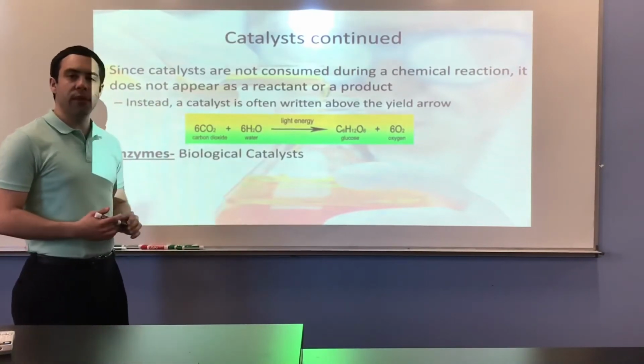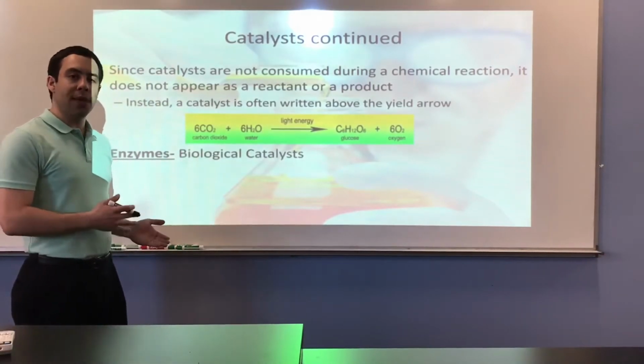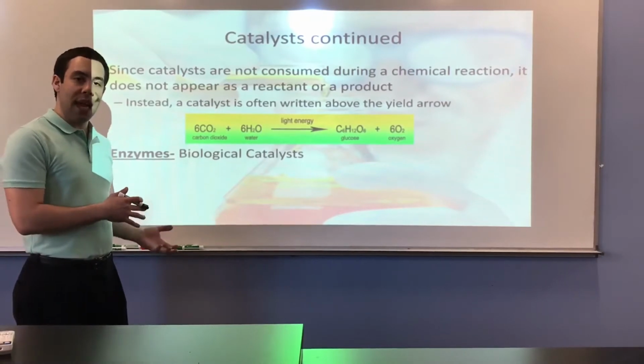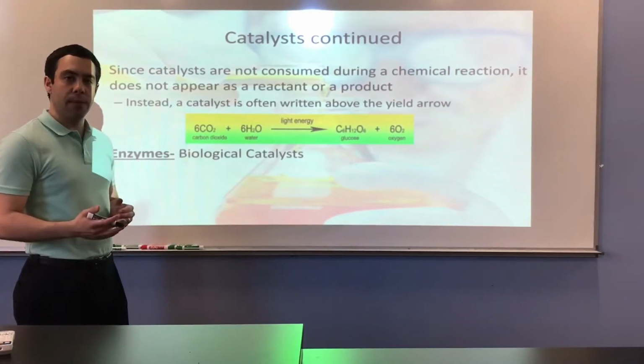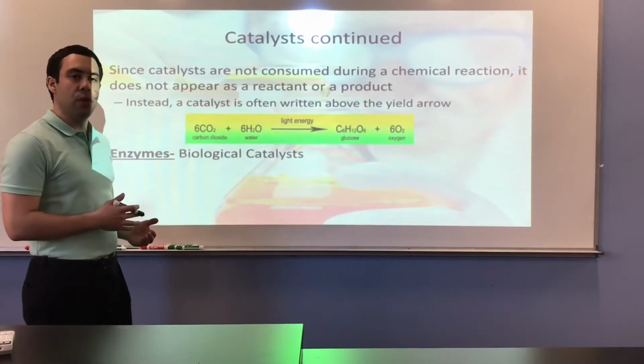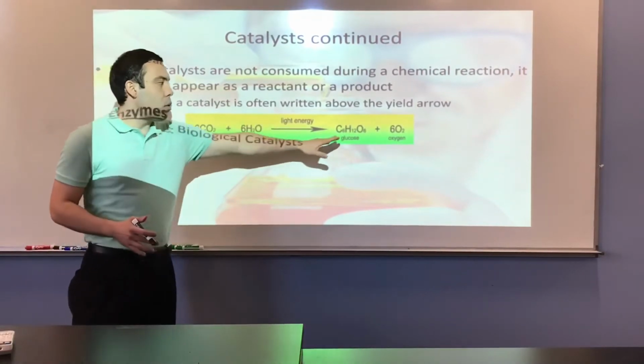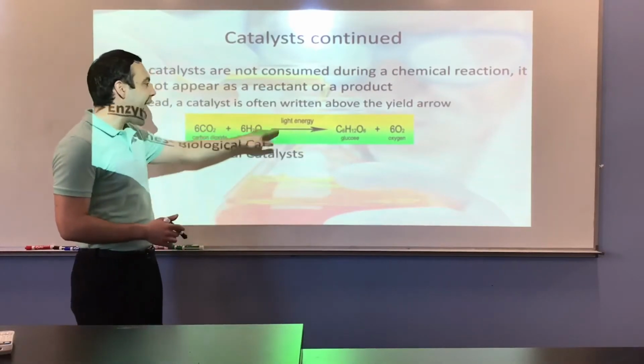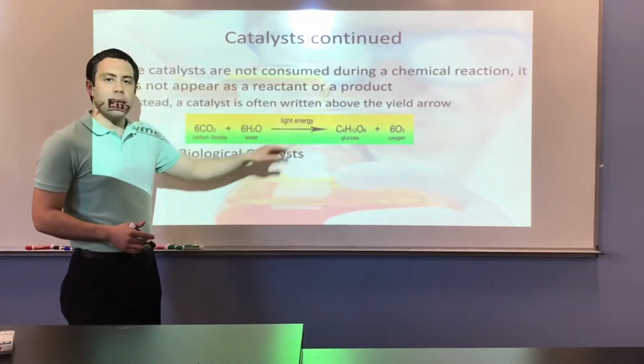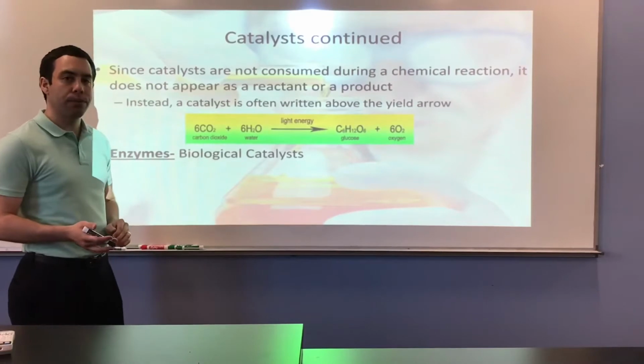This is the equation for photosynthesis. Photo meaning light, synthesis to make, using light to make food. However, the light is not a reactant or a product. It's a catalyst, so we write it on top of the arrow.